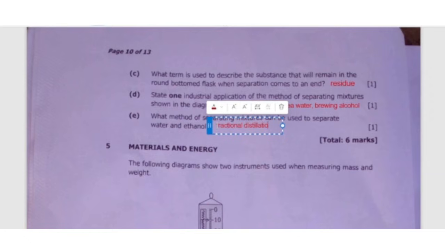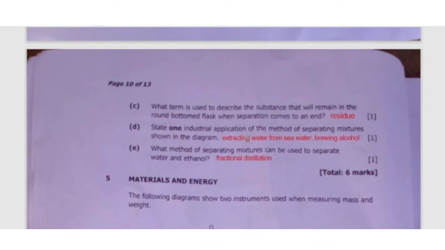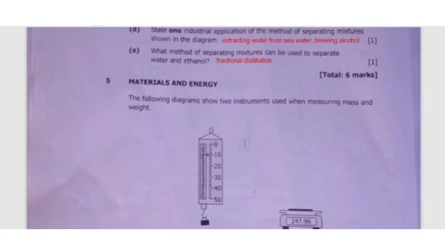Okay, we use the method which is fractional distillation. So those are the answers we are expected to write. We go to the next question. If you have got questions, please don't hesitate to ask in the comment section. Otherwise, we are pushing forward.